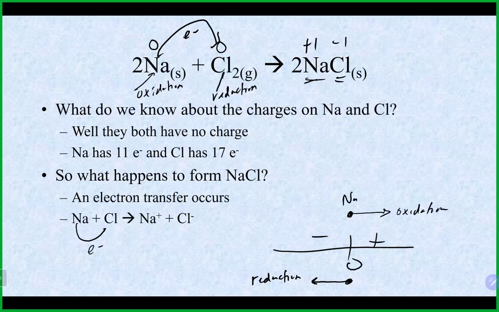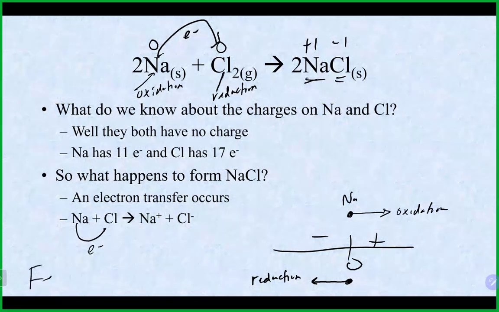Now, where the number line could help you is maybe you've got metal on both sides, right? Or maybe you're looking at a metal. So for example, let's say on one side of the arrow, I had Fe with a 3+ charge goes to iron with a 2+ charge. Is my iron in this case being oxidized or reduced?